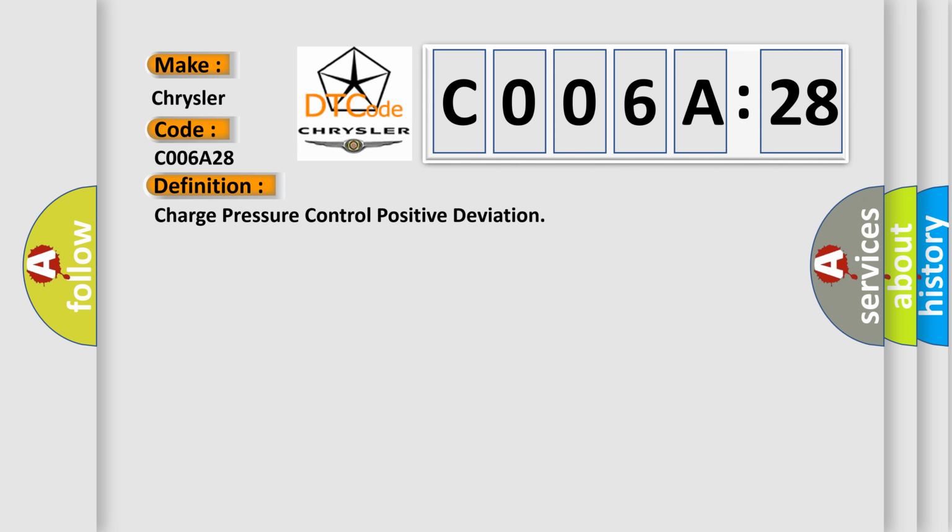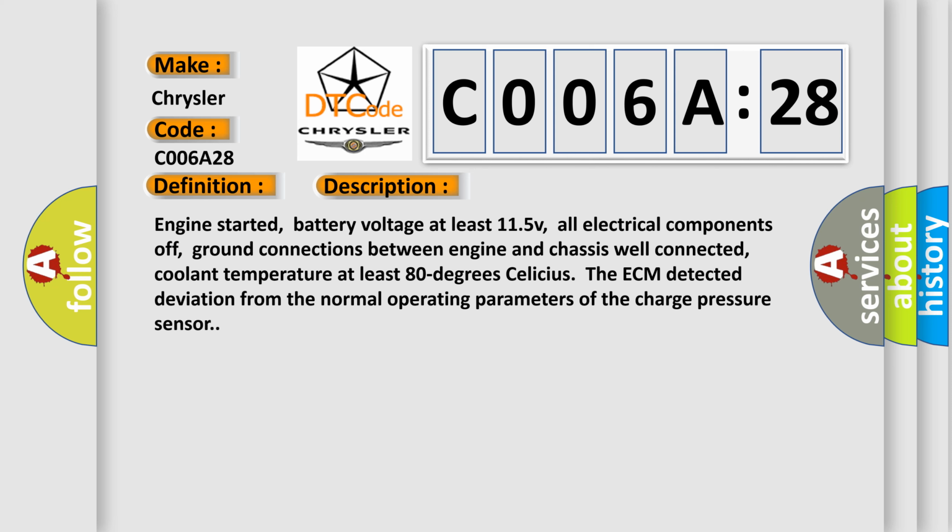And now this is a short description of this DTC code. Engine started, battery voltage at least 11.5 V, all electrical components off, ground connections between engine and chassis well connected, coolant temperature at least 80 degrees Celsius. The ECM detected deviation from the normal operating parameters of the charge pressure sensor.